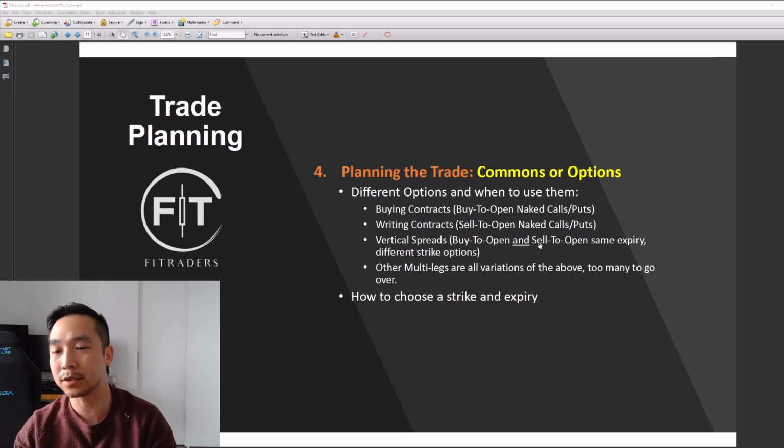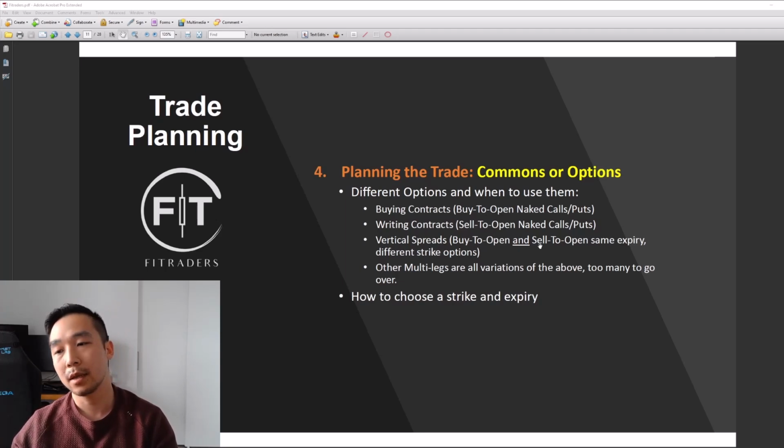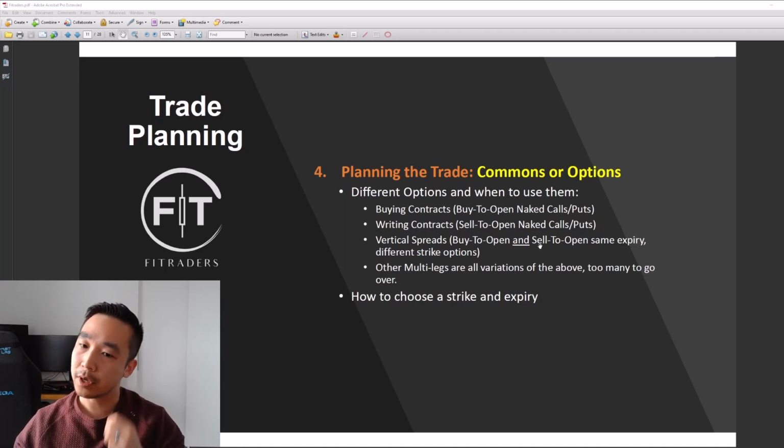It's going to move a certain percentage in that direction, and once it crosses a threshold, a break-even price on the vertical spread, you gain that amount of money, but you cap the amount of profits you can gain. You can also cap the amount of losses you lose.